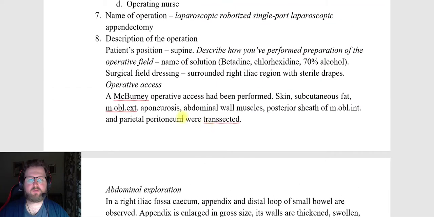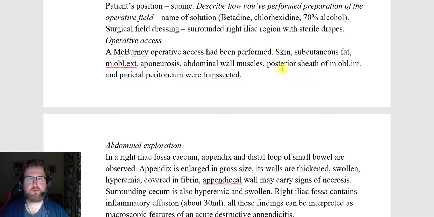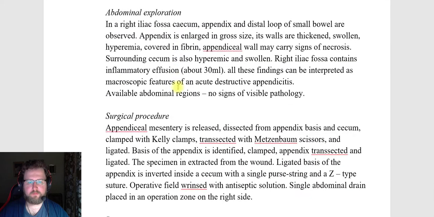Reconstruction here is performed in a reverse manner. First thing that you stitch is parietal peritoneum.